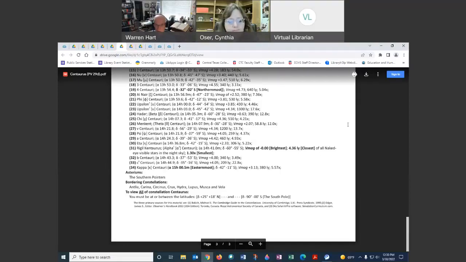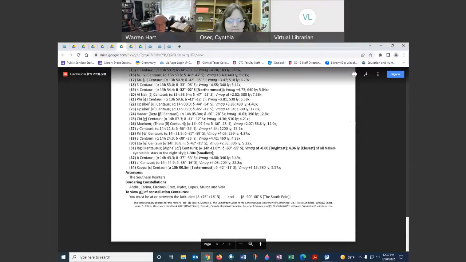There is another in here, let's see if I have it. I don't think so. It's a little bit closer, 4.2 light years, but you have to use a telescope to find it. And then also another thing, it's the smallest as far as Centauri itself.